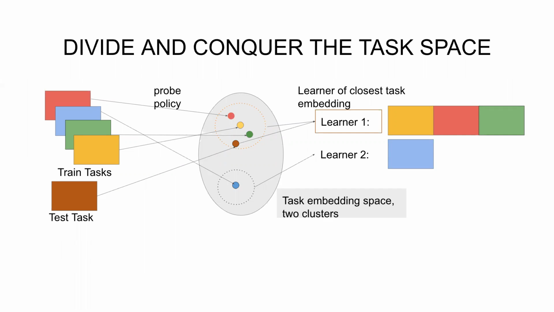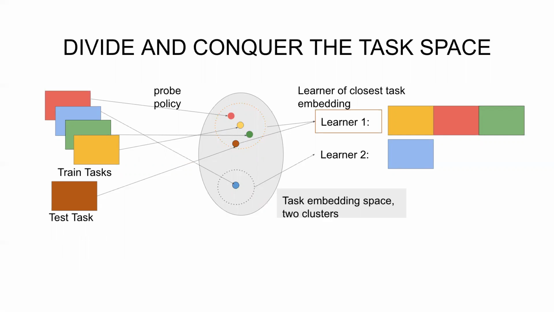Then, using these embeddings and a metric distance in the embedding space, we can cluster all of these tasks into clusters of related tasks. This is all unsupervised, so we don't give the clusters in advance, just the probe policy, the way to construct the embedding, and the embedding distance.